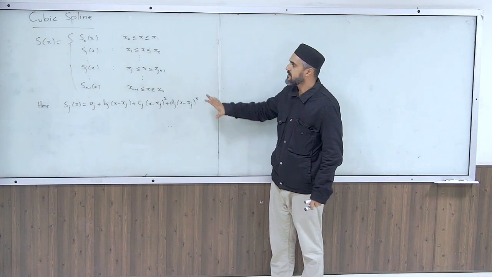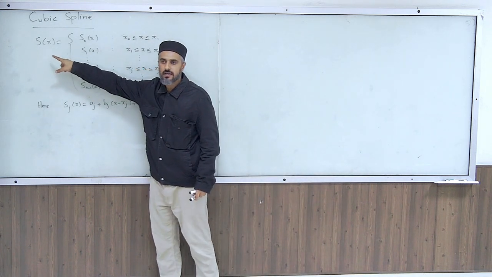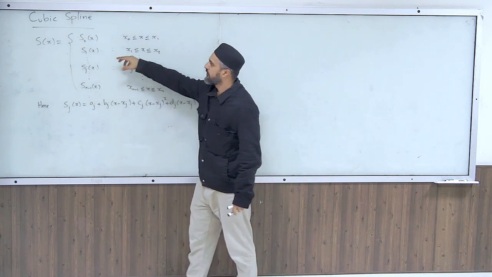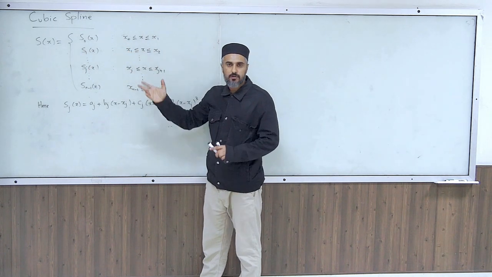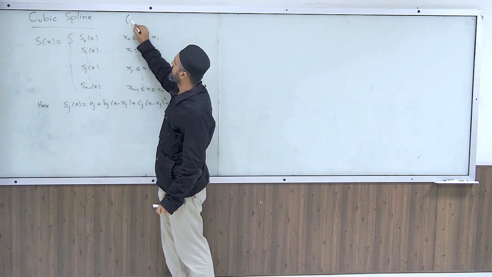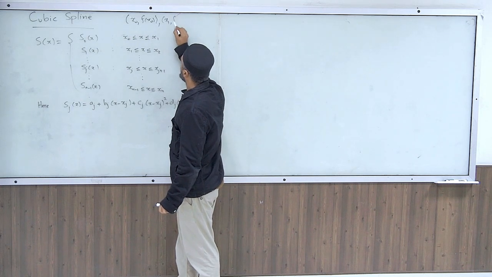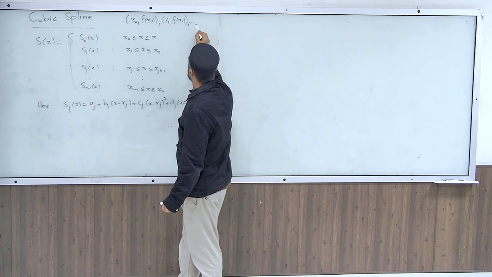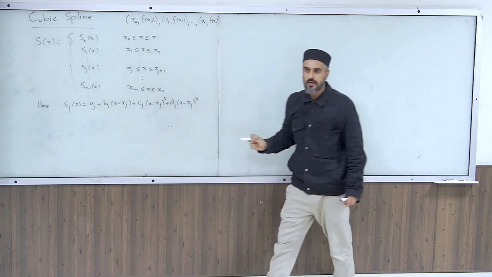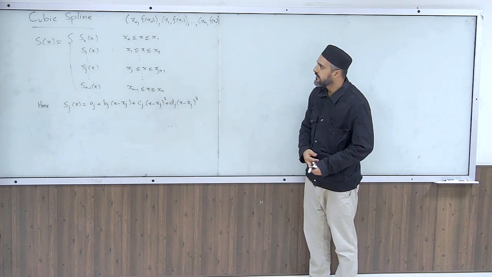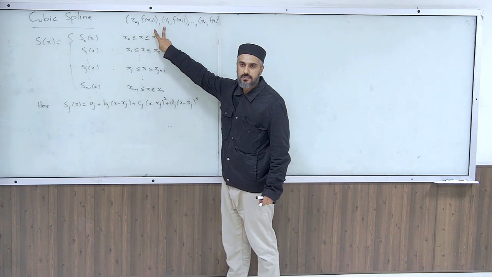Now, an overview of the cubic spline. S of x is the cubic spline, and it is a collection of cubic polynomials. In this problem, we take a data set: x0, f of x0, x1, f of x1, till xn, f of xn. So the total number of points is n plus 1, and between two points we will plug in a cubic spline.